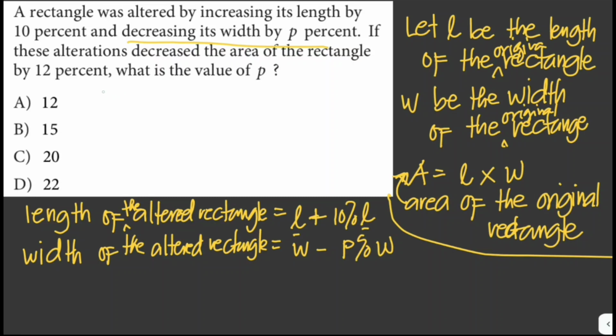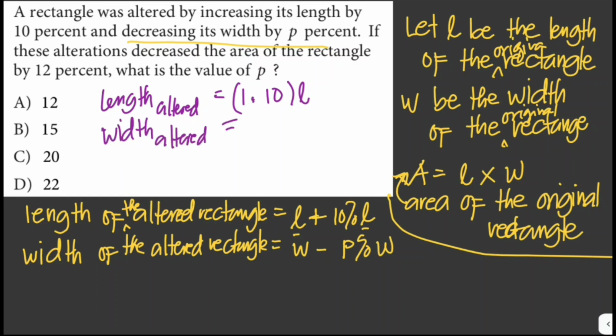Therefore, the length of the altered rectangle is just 1.1 times the length of the original rectangle, and the width of the altered rectangle is just 1 minus p over 100 times the original width.